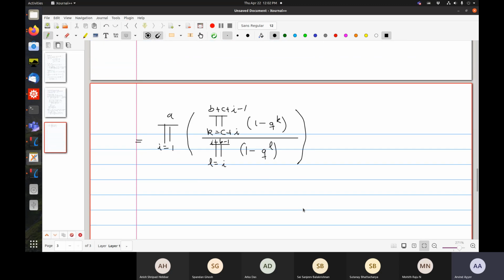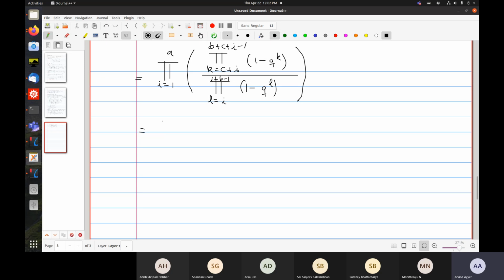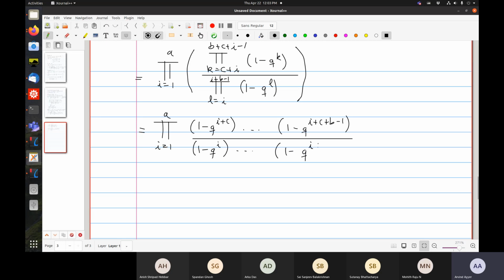Okay, so now let me expand. So this is now product I equals 1 to A. 1 minus q to the I plus c, so that's the lowest term over here, all the way up to 1 minus q to the I plus c plus b minus 1, divided by 1 minus q power I up to 1 minus q power I plus b minus 1.